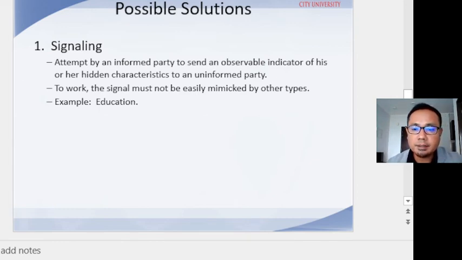To be concrete, consider a manager who wishes to hire a worker from an employment pool that consists of two types of individuals. The first may be unproductive workers who produce nothing, and the second productive workers who each have a value of marginal product of, let's say, 80,000 per year.